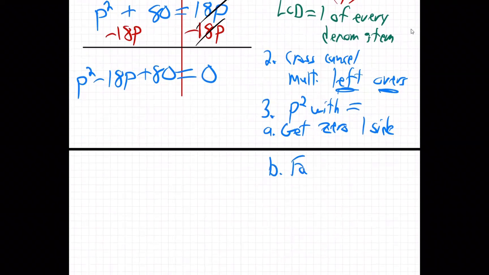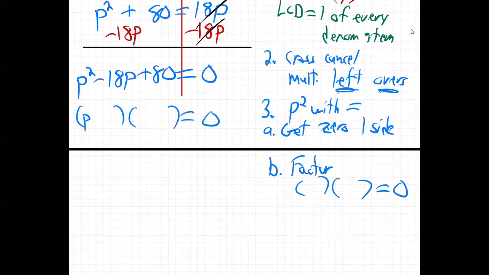Then factor, like with the 2 parentheses kind of thing, equals 0. Remember this coming back? 2 parentheses equals 0. So that's P in the front, P in the front. Remember this? We're talking multiply, add, multiply. Remember what multiplies to be 80?